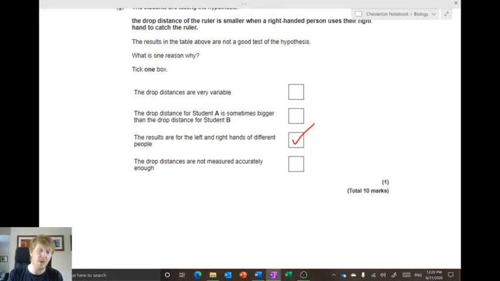A better experiment would be to have student A catch it 10 times with their right hand, and then student A again catches it 10 times, but this time they use their left hand, because then you know on average where the student was with their right hand, and you can compare those numbers together fairly. All right, a much better way of conducting that experiment.